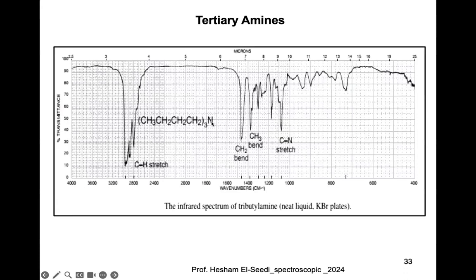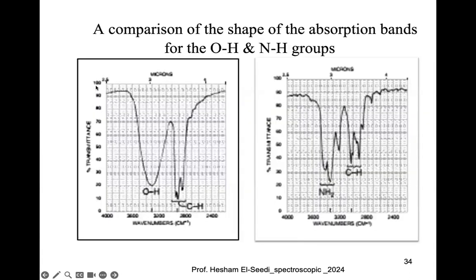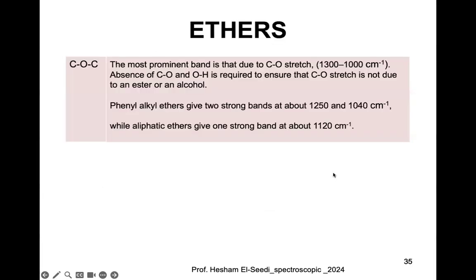Then what about tertiary amine? No NH. It means you don't see any peak here in the NH region. What about if you compare between OH and NH? This is OH, hydrogen bonding. NH2 is 2 peaks, no hydrogen bonding here.